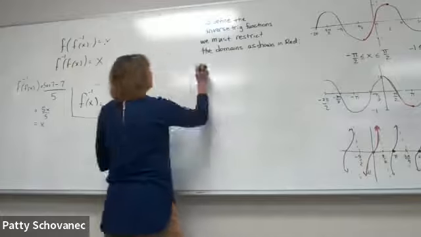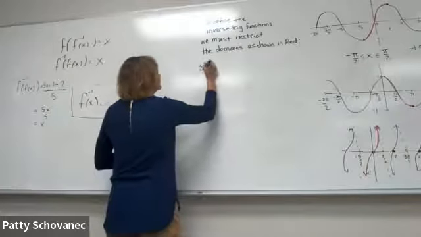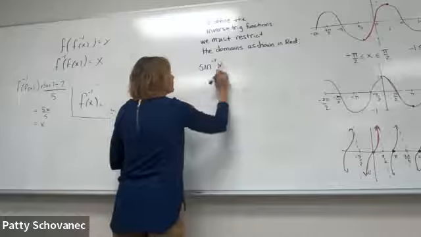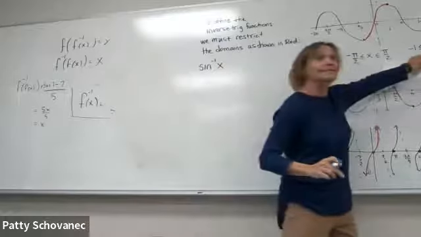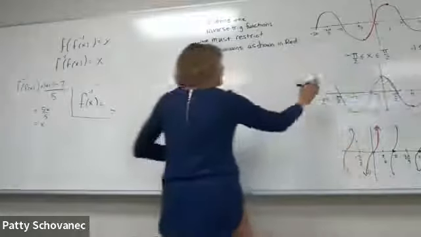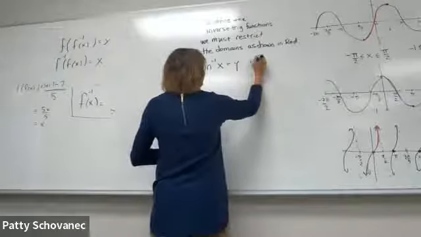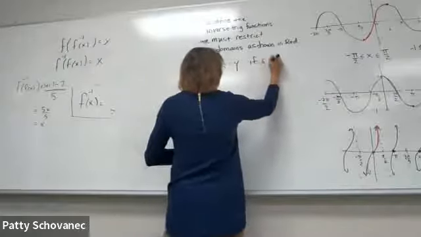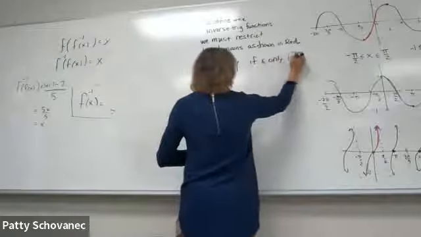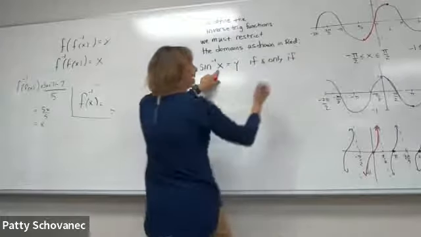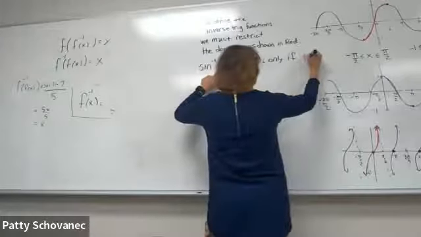And so we have the inverse sine of any input x, where now these x's are those guys, is an angle y if and only if the sine of that angle is that number x.